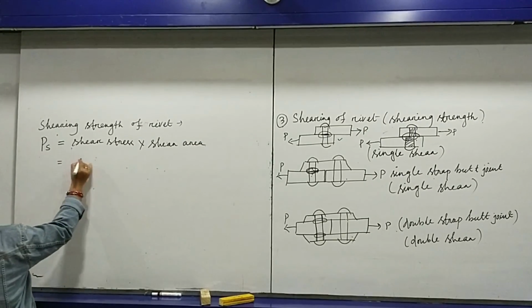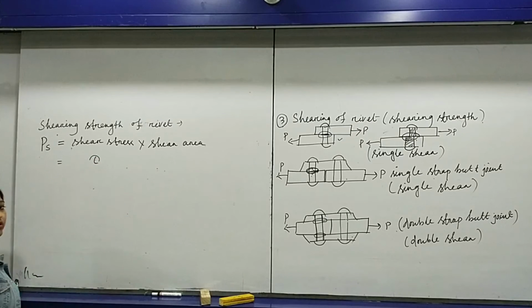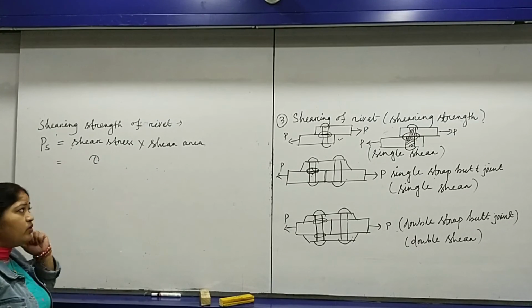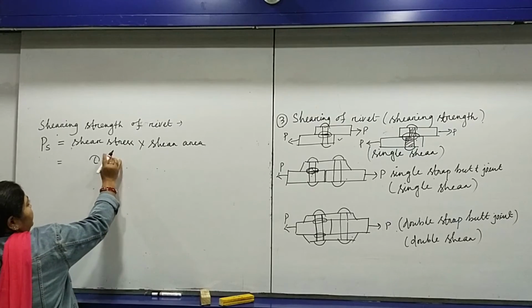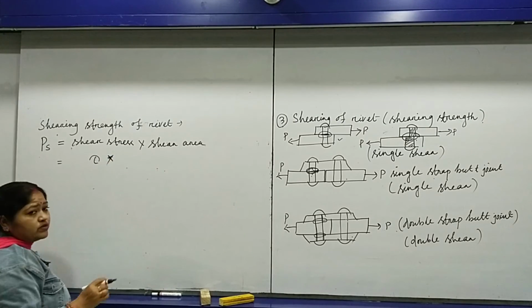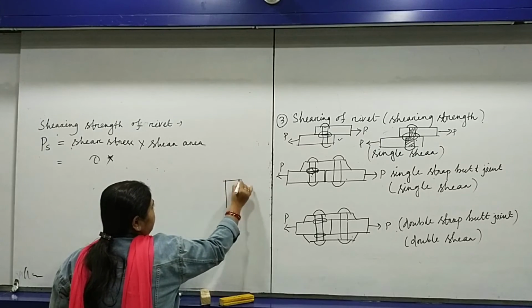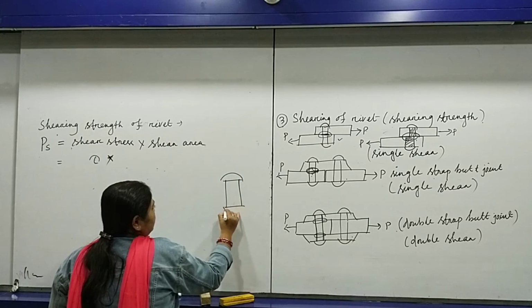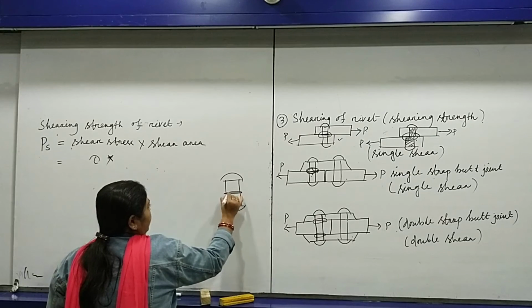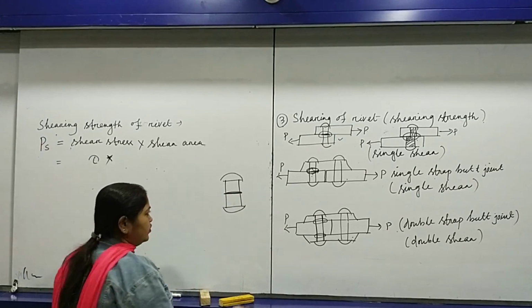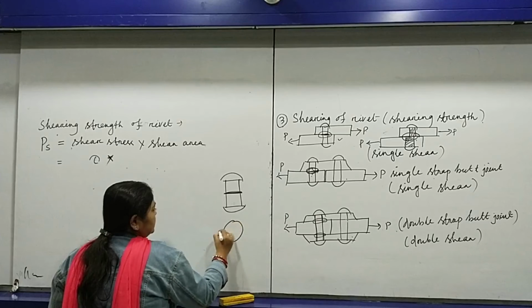Okay, that is equal to shear stress, which is tau, into shear area. Shear will occur here. It is a rivet. Shear will occur at this surface, right? So it is a circular cross section having diameter d.